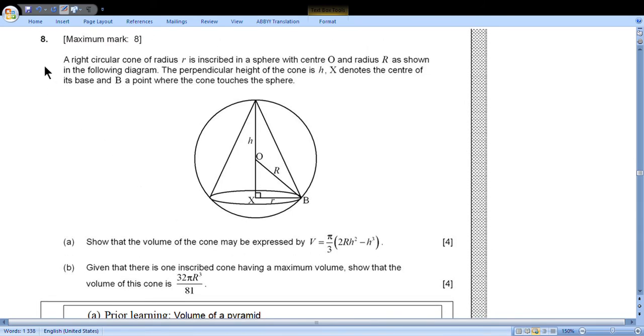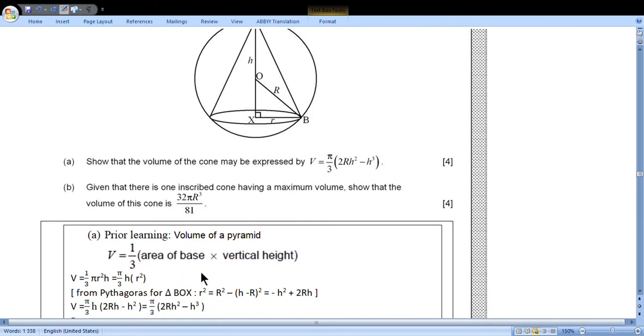A right circular cone of radius r, so we have a picture. Show that the volume of the cone may be represented as follows. So the volume of the cone: the height is given, the radius, and here we have the radius of a circle. We know from prior learning the formula for the volume. And now we see that r squared should be expressed in terms of R and h.